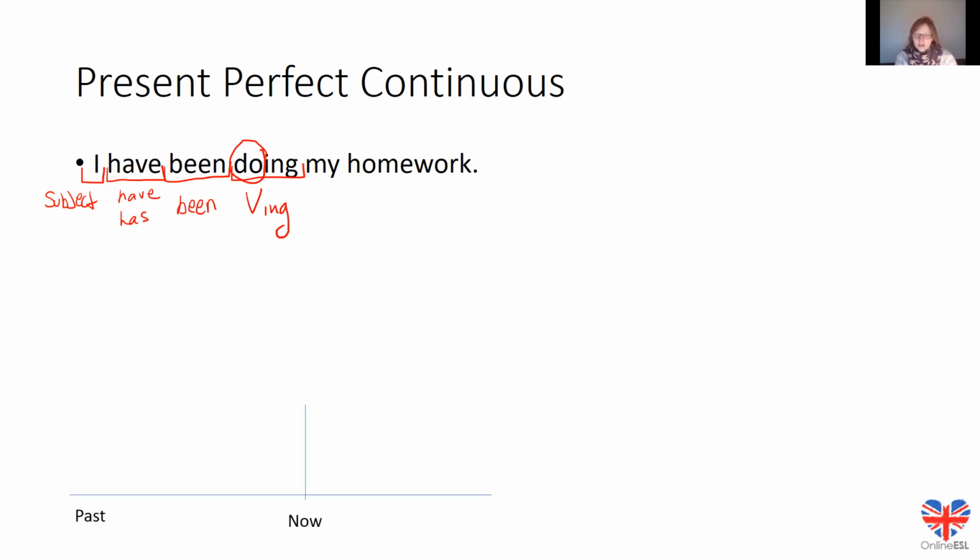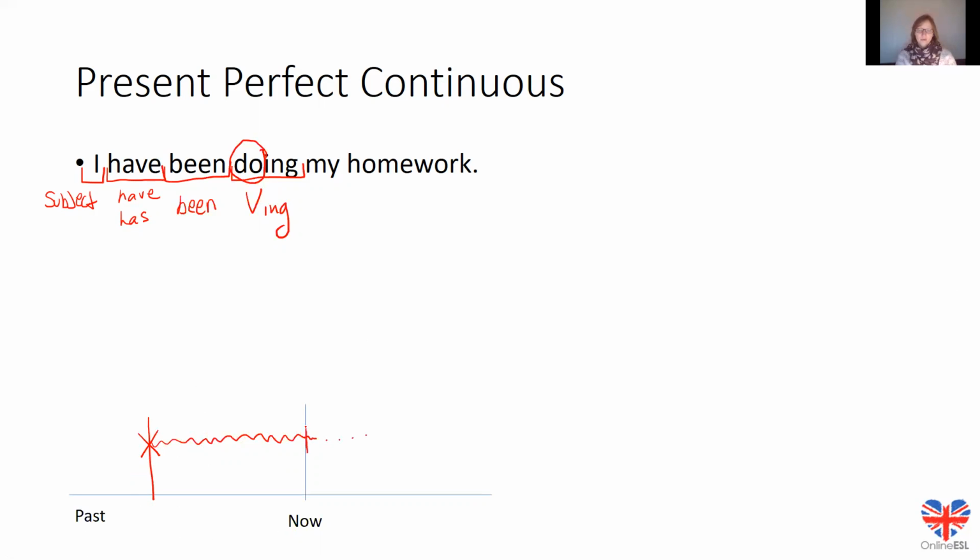So we use this one to talk about something that started in the past, carried on up until now, and it's continuing. It hasn't finished and isn't likely to finish straight away. So here I've been doing my homework. So here, at this point, I got out my books, sat down, had my pen, started writing and thinking, and I'm doing it, and I've not finished, and I've still not finished, still not finished.